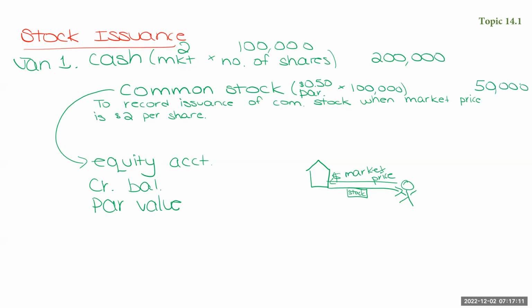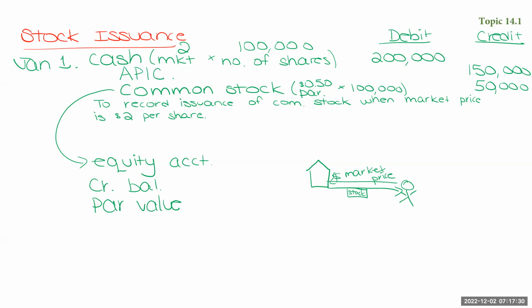Now we have a difference. Of course, debits have to equal credits. So we have a difference of $150,000. That's going to go to a new account called additional paid in capital.